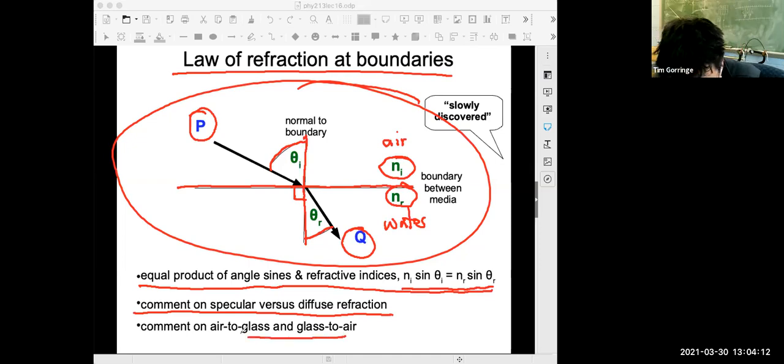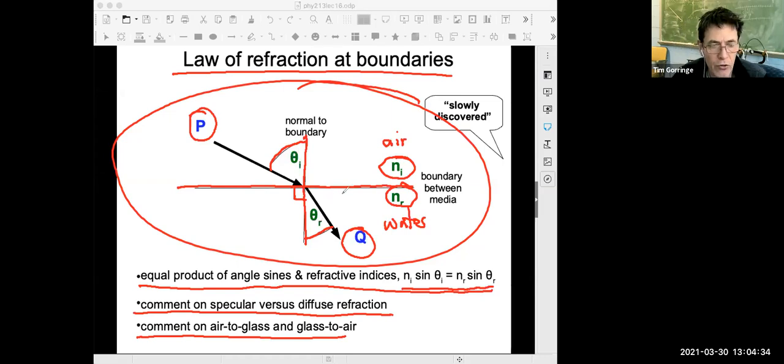Now, one final comment here. Our sketch shows the light ray bent towards the normal. And by that, I mean that the incident angle is bigger than the refracted angle.